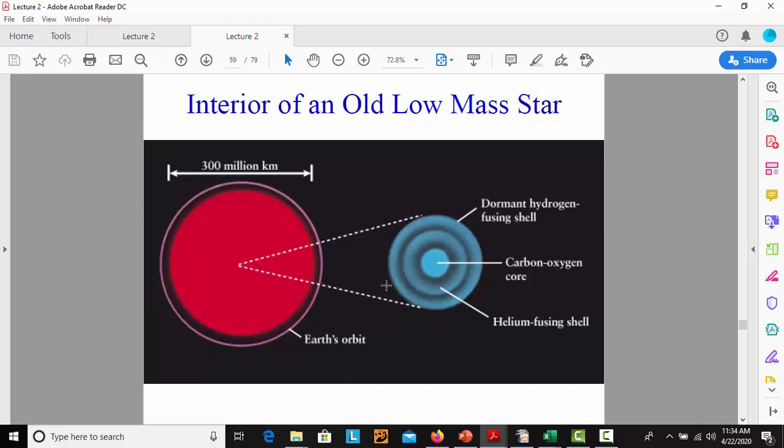This is the Earth's orbit, and this is 300 million kilometers, right? Inside, in the core of the star, we have a carbon-oxygen core, then a helium fusing shell above it, and then a dormant hydrogen fusion shell.